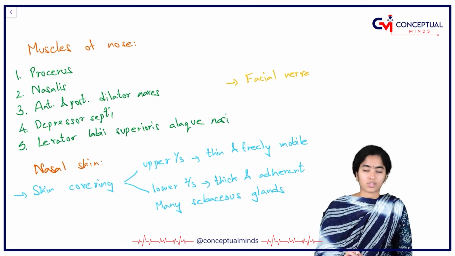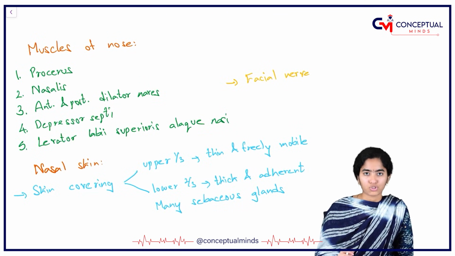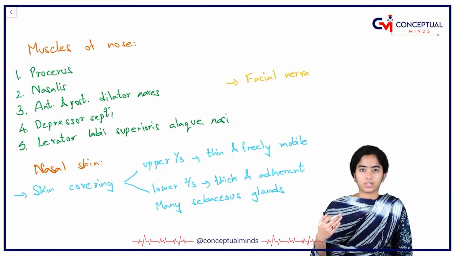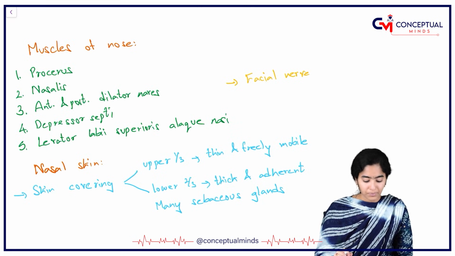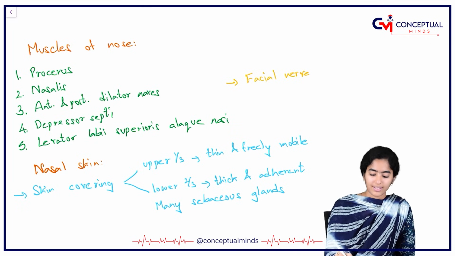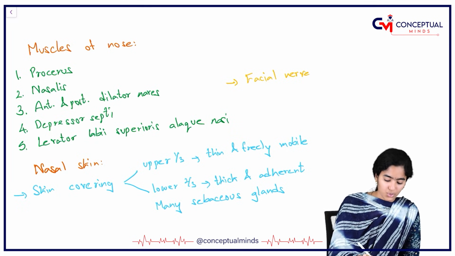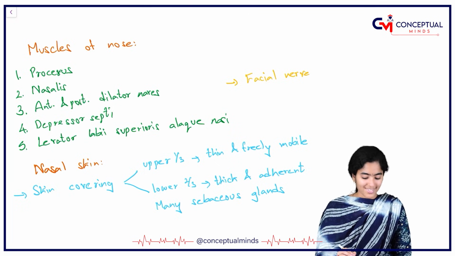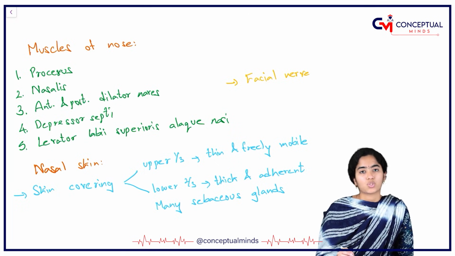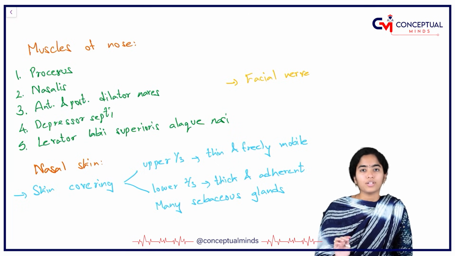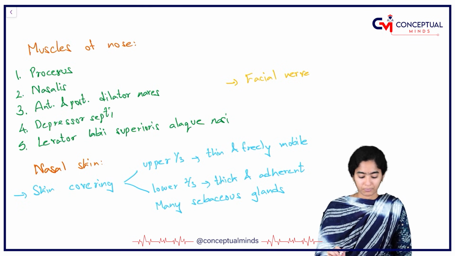Then muscles of the nose are rudimentary, or they have some minor function in facial expression and in inhalation and exhalation process, and they are procerus, nasalis, anterior and posterior dilator nares, depressor septi, levator labii superioris alae nasi, and all of them are supplied by facial nerve.